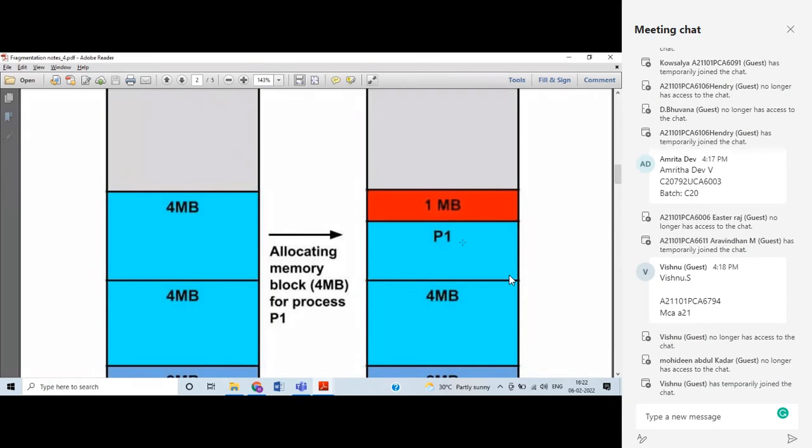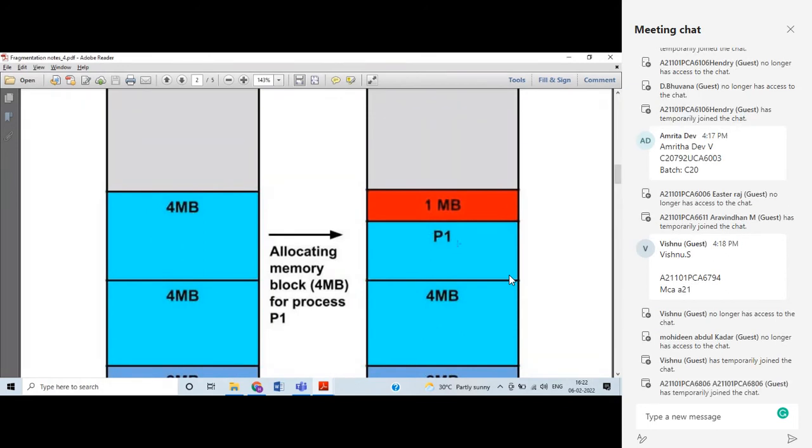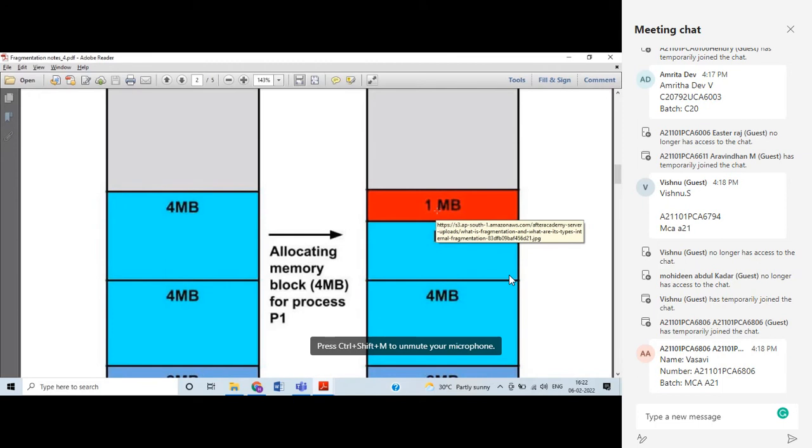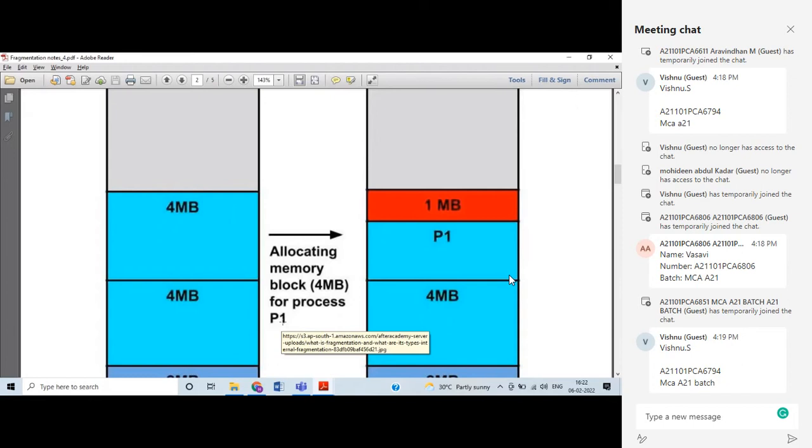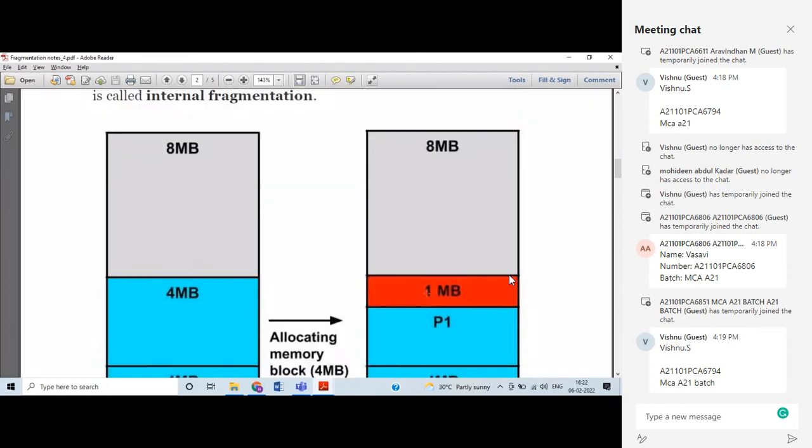When P1 is put into a 4 MB block, only 1 MB is wasted internally, inside the memory. This is called internal fragmentation: allocating a 4 MB memory block for process P1, which is only 3 MB in size.